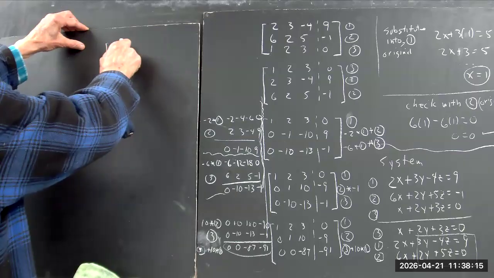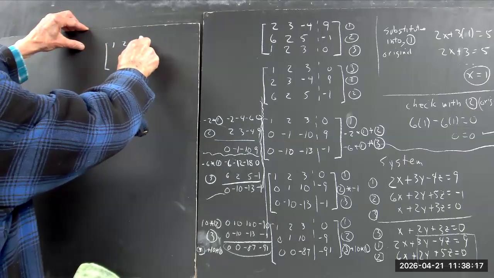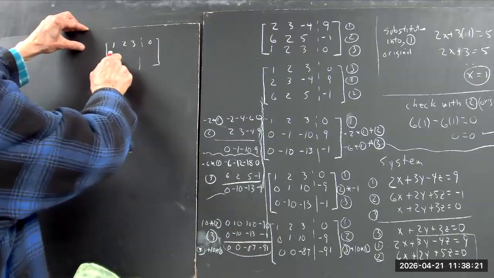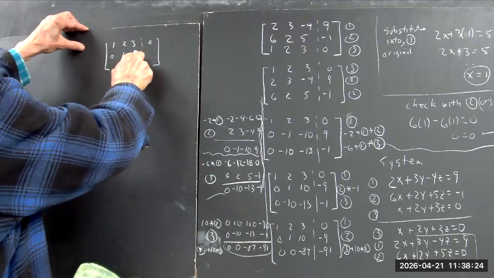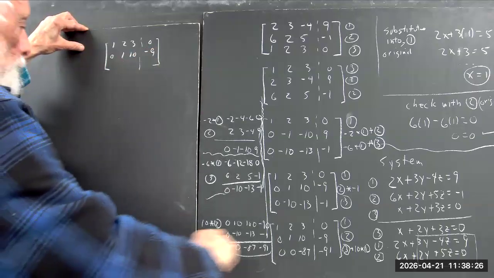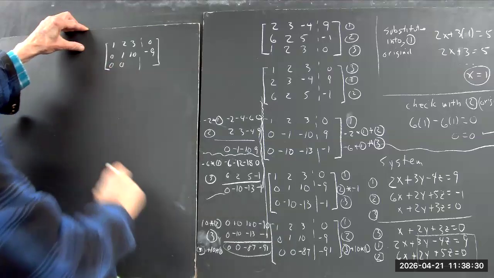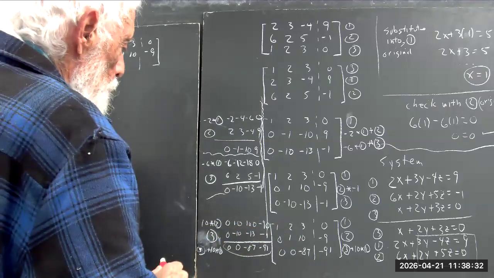I got 1, 2, 3, 0 for the first row, 0, 1, 10, negative 9 for the second row, and 0, 0, negative 87, negative 91.